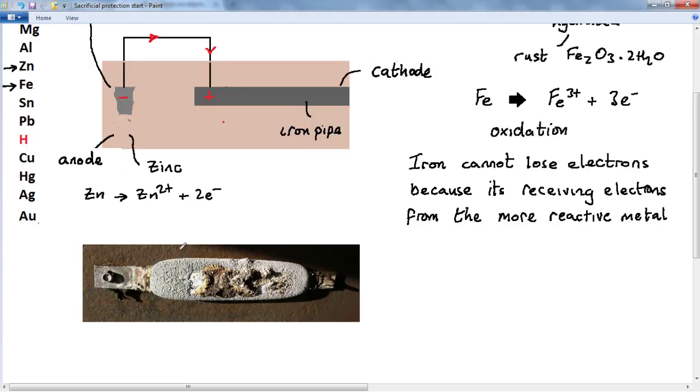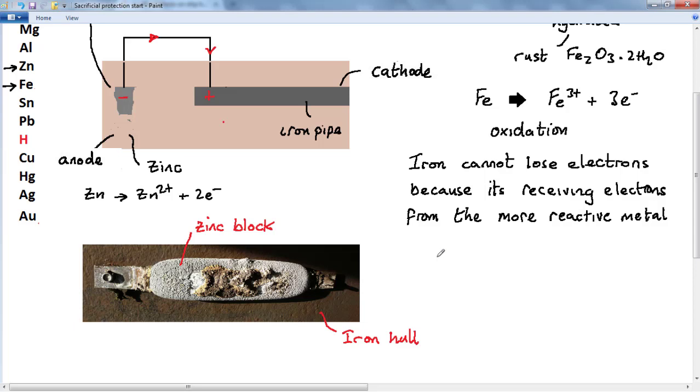For example, here is a zinc sacrificial block that's been bolted onto the iron hull of a large ship. The hull may have a number of these blocks all over the place that are normally fitted to the ship in such a way that it reduces water resistance as the ship moves through the water. This is sufficient to set up this sacrificial protection process that we've looked at in this lesson.